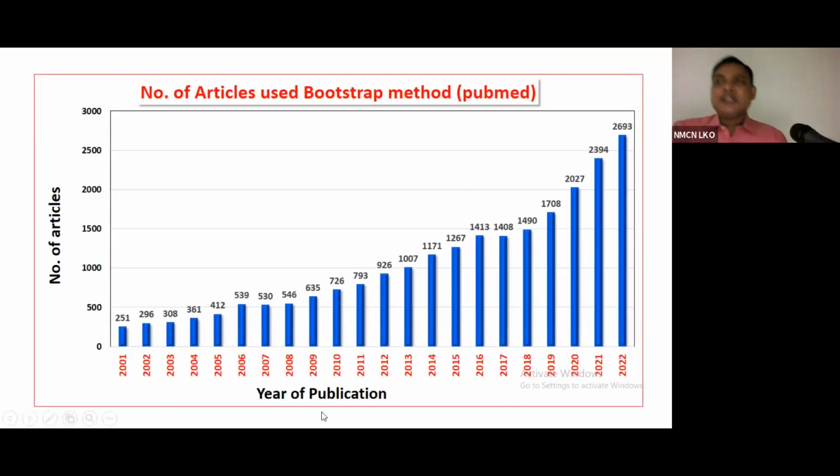Now, if you see the trend of publication related to the bootstrap, we see that in 2000 it is almost 251, and over the years its trend is increasing. This means people are becoming aware of these techniques and they are applying them in their research papers.